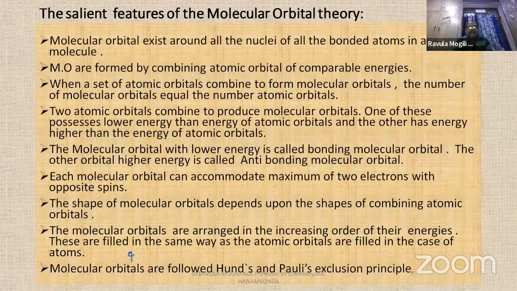When a set of atomic orbitals combine to form molecular orbitals, the number of molecular orbitals equals the number of atomic orbitals. So however many atomic orbitals are involved in the formation of a molecule, the same number of molecular orbitals are formed.